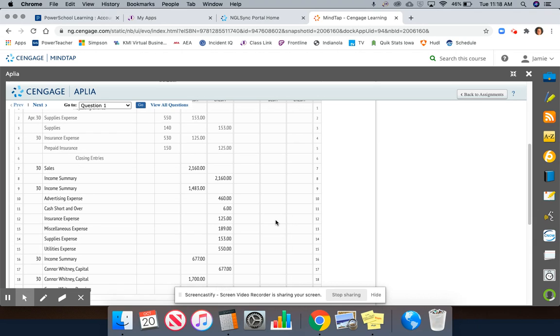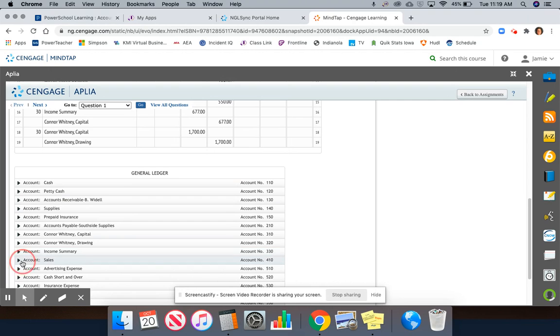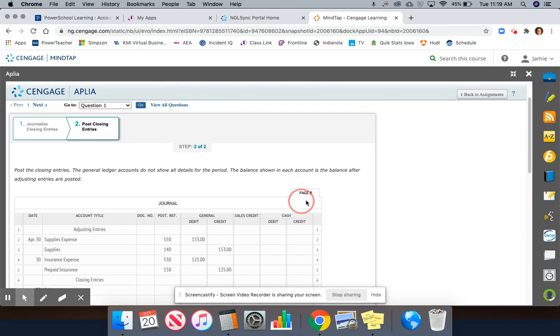We're going to use the same 5 steps that we always use for posting and go line by line. So starting with sales, a debit of $2,160. We have the 30th again, and this is coming from page 8 of the journal. So up here we're on page 8.